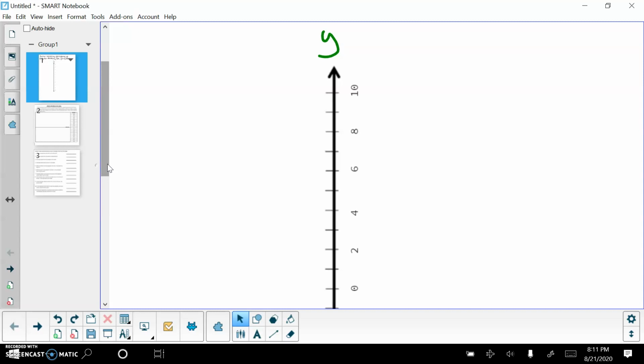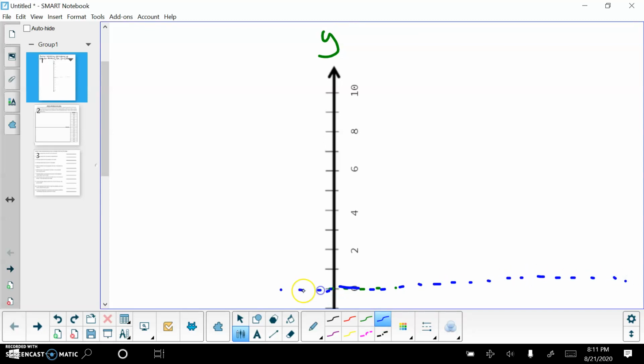Once again, the 0 can be either ground level or sea level. When we talk about things going up from the ground, those are the positives. Things going down, like digging into the dirt, would be the negatives. Or if you're going up from water, from sea level, that's the positive, and swimming down below the water would be the negative.